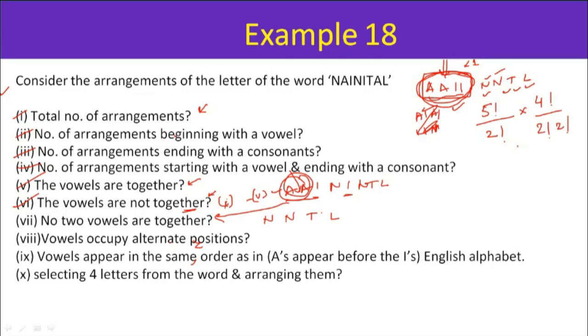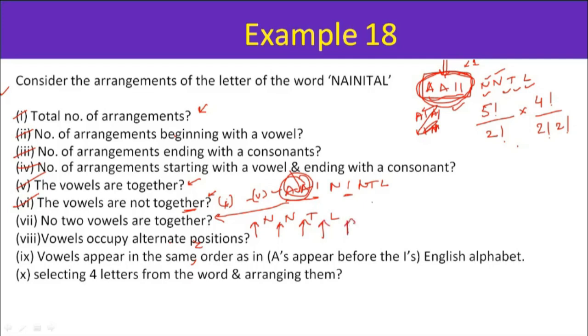Now, no two vowels are together, right? Which means there should always be 1 or 2 or 3 letters between the vowels. So what I've done is I've first placed the consonants here. Now if I have to put vowels, how many places do I have? Vowels can come before this, between these consonants, here, here, here.